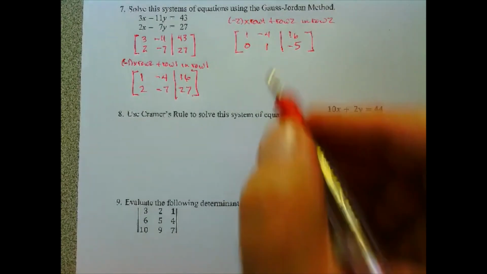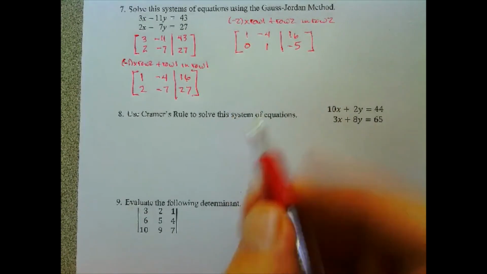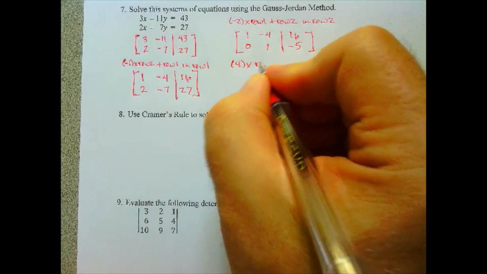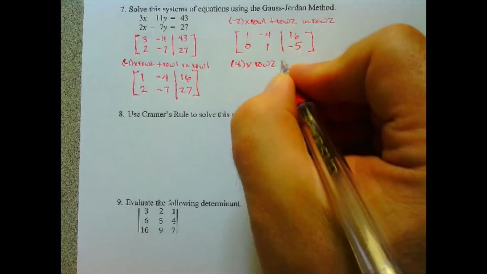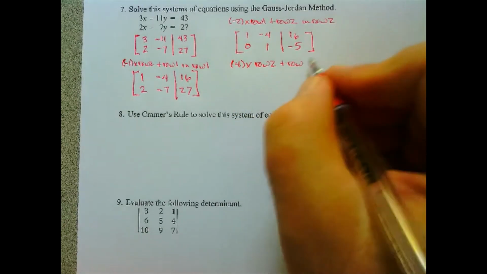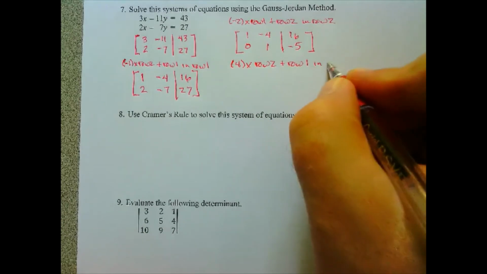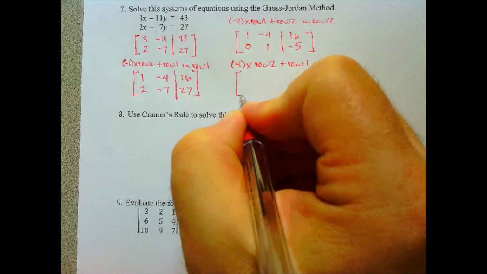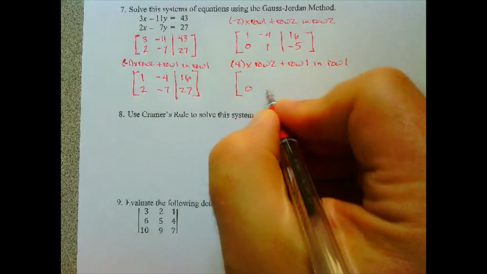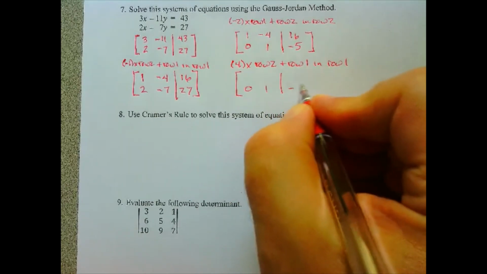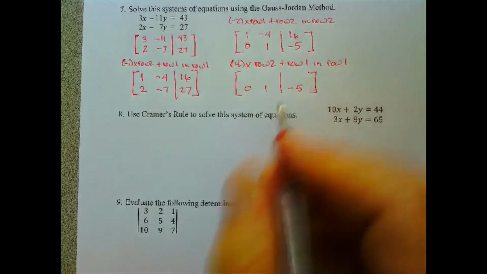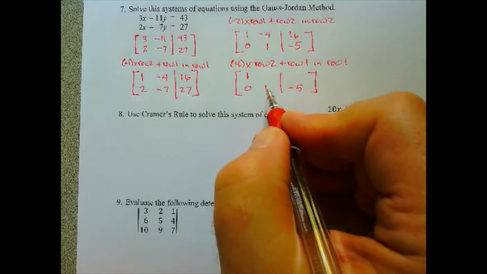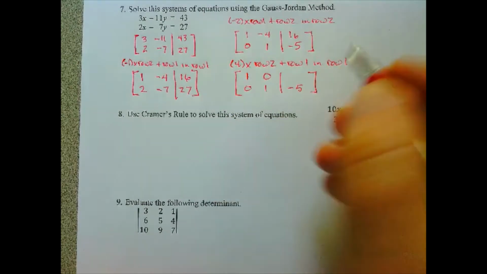Okay, I need a 0 up here, and so I'm going to go 4 times row 2 plus row 1 in row 1. I want to get that 0 up there. So in this case, it's the second row that won't change. 0 times 4 is still 0, so the 1 will remain there. 1 times 4 is 4. 4 and negative 4 will give me a 0.